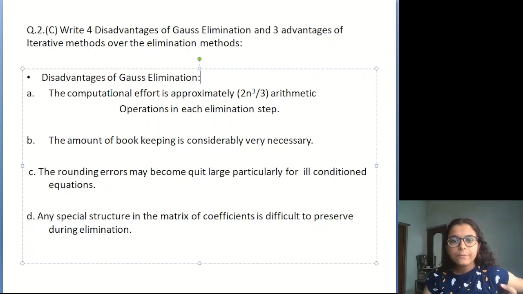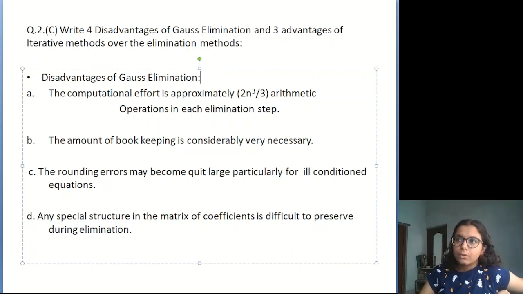For the next reason, the amount of bookkeeping is considerable. What do we actually mean by bookkeeping? It means row interchanges. When we create the upper triangular form, we generally require row interchanges to get our desired result.